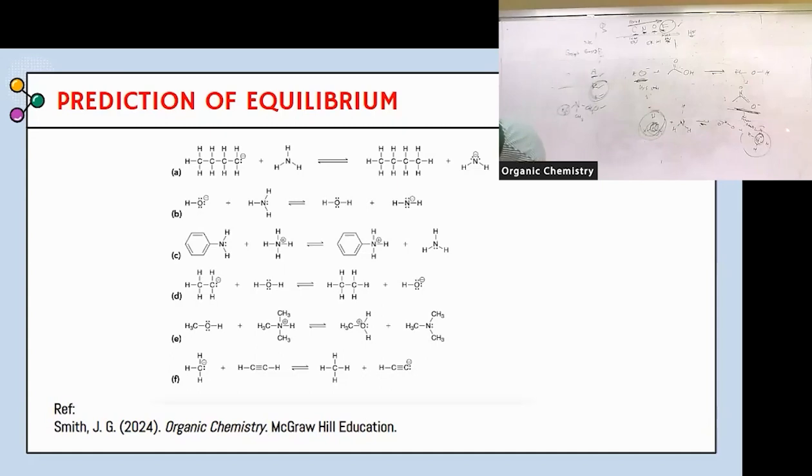Let's try letter D. Here again we see that the negative charge on the right side is on the oxygen, and the negative charge on the left side is on the carbon. Where is the negative charge more stable, oxygen or carbon?